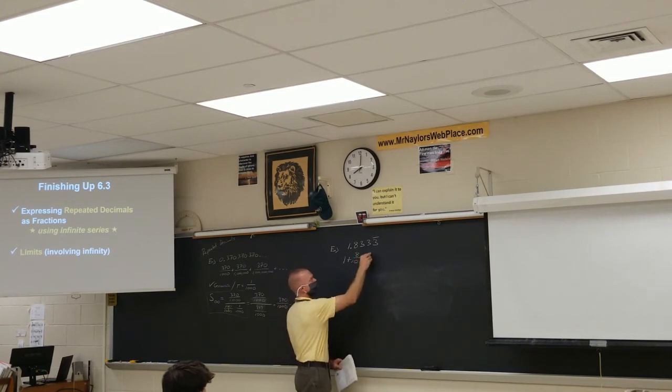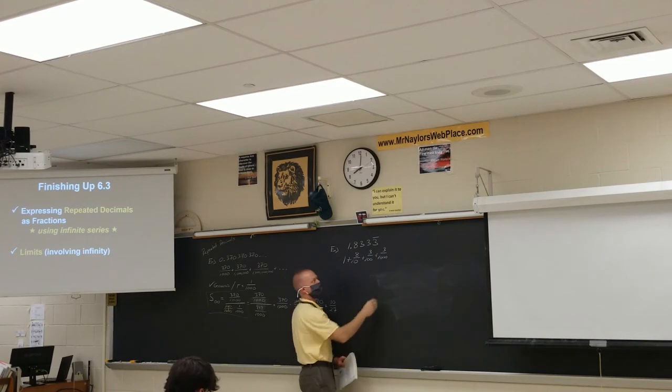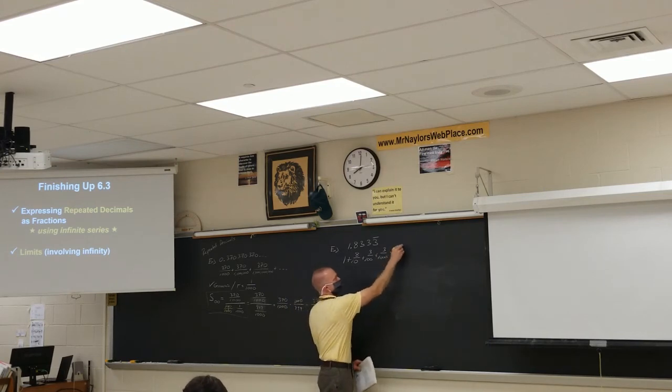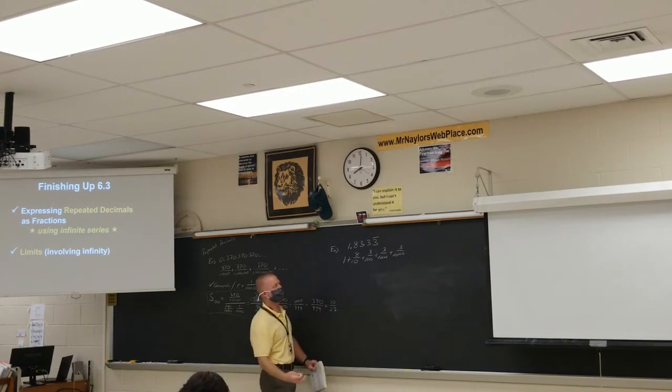And then plus 3/100, and then plus 3/1000. This one you'll find is a little easier because we're only moving the decimal one place each time. So 3/1000 plus 3/10,000, and I'm sure you can guess what the next and the next would be.